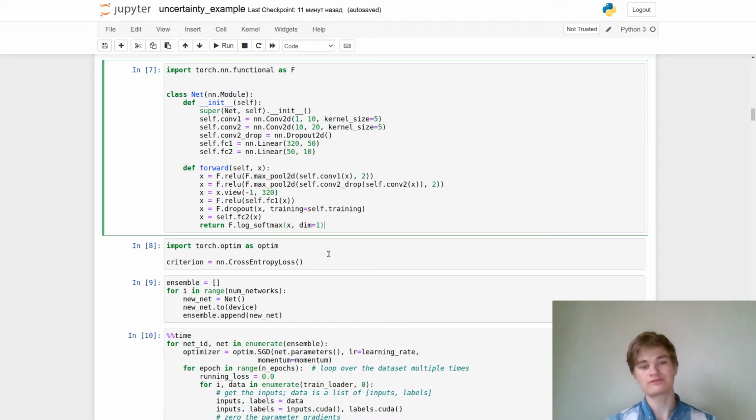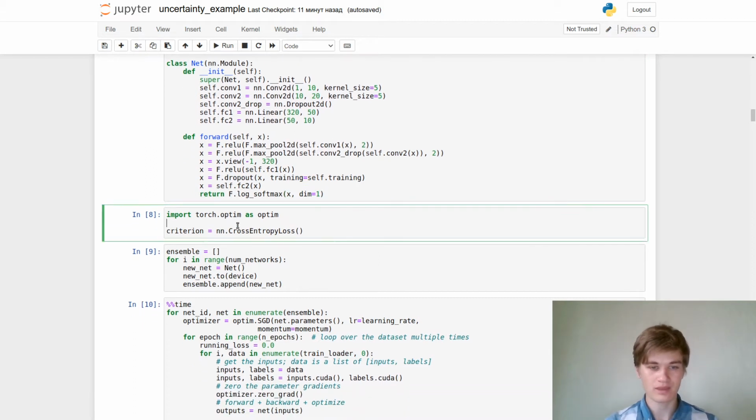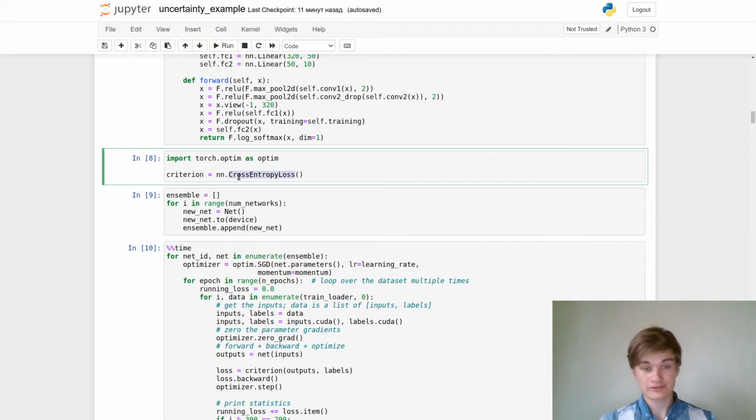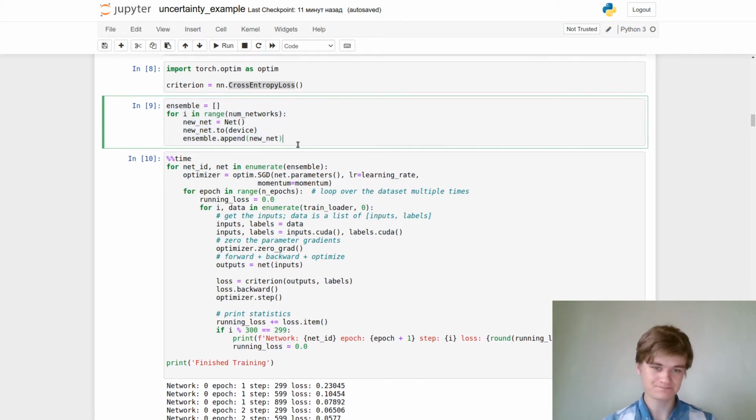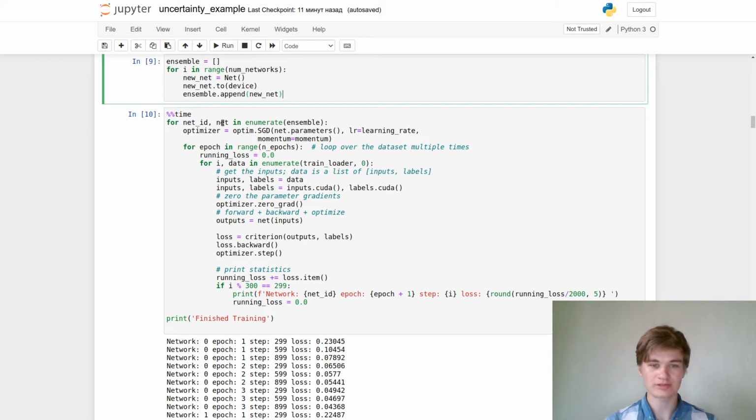So if we want to obtain probabilities afterwards, then we should make a forward pass of this network and then apply the exponent on the output, and then we will have a probability distribution. We will use cross entropy loss. Here we create our ensemble and train the networks in it.